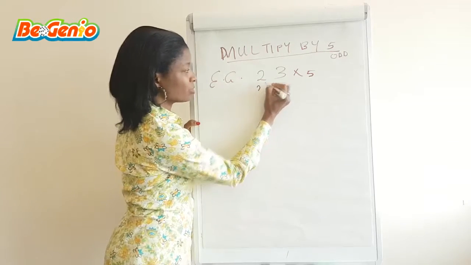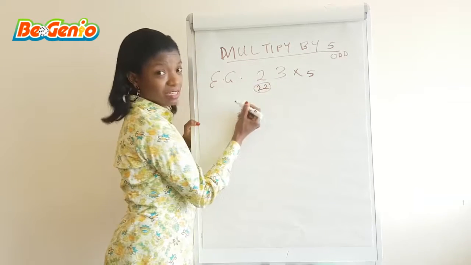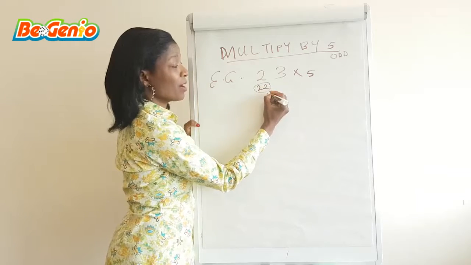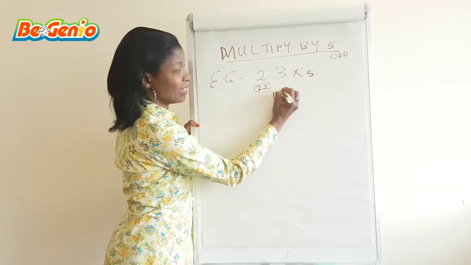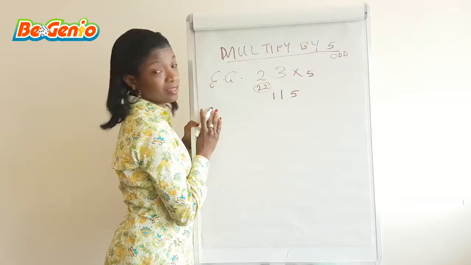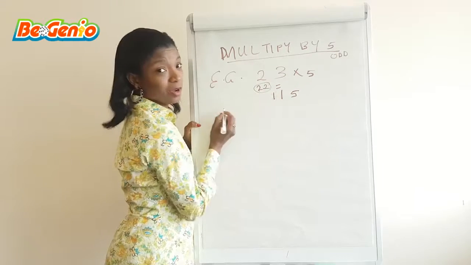The number closest to 23 that's not more than 23 is 22, yeah? So what you do is you divide that 22 by 2, and you'd have 11, and guess what you need to do? You just tag on a 5 at the end of it. So 23 times 5 equals 115.